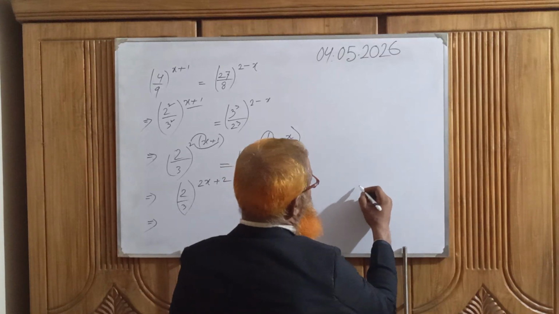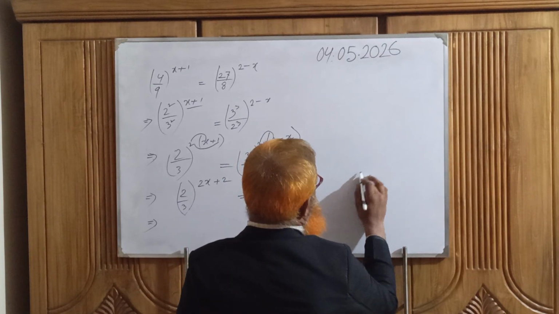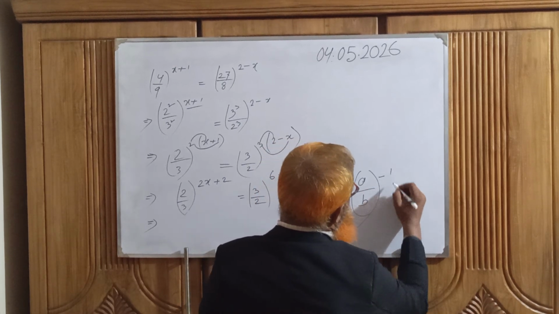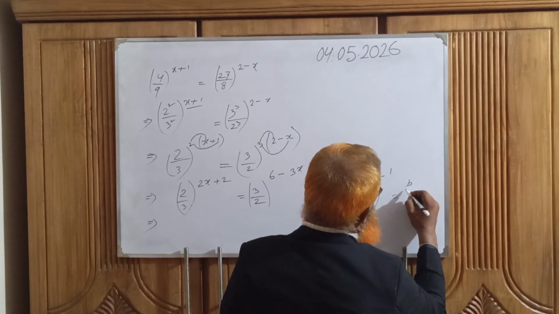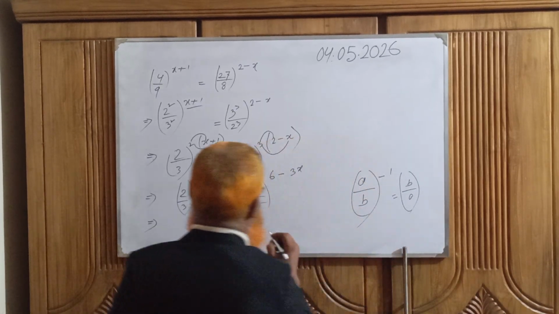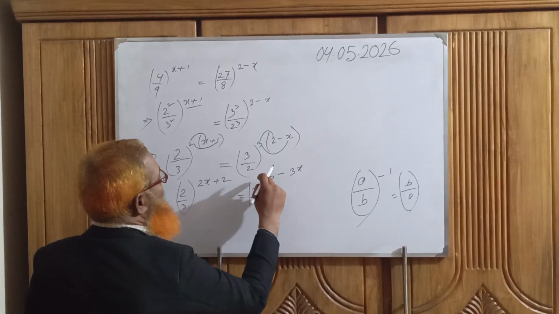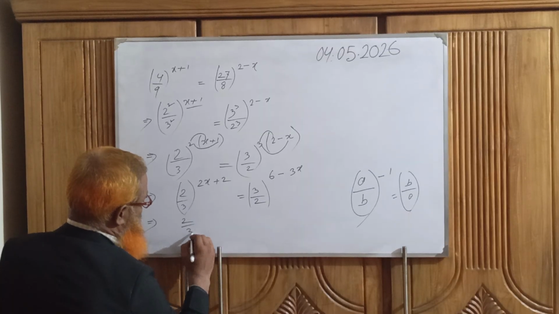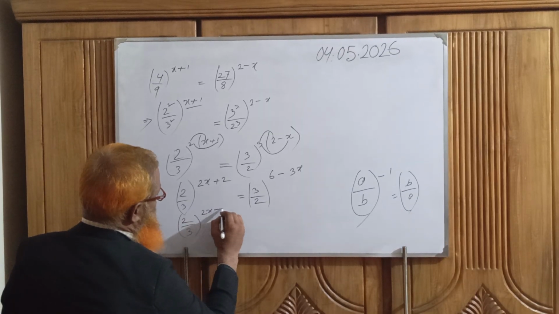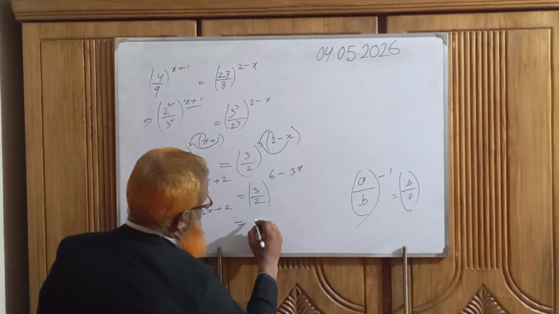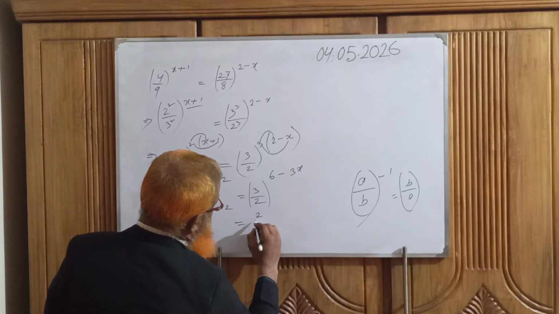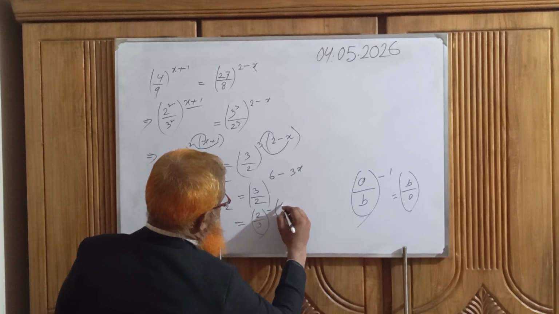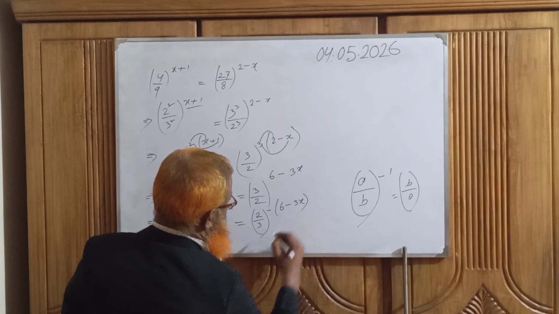If we follow the rule, A by B when minus is put, it becomes B by A. So we put here minus to make this 2 by 3: 2x plus 2 equal to 2 by 3 minus 6 minus 3x.